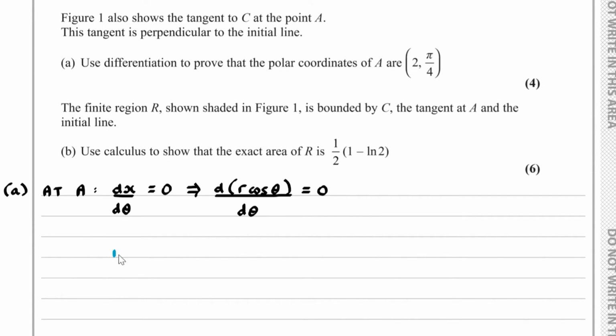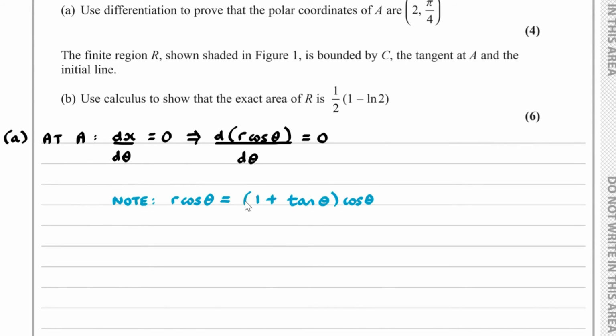If we make a quick note, r cos theta, that's the same as 1 plus tan theta times by cos theta, and ultimately we want to differentiate this result.